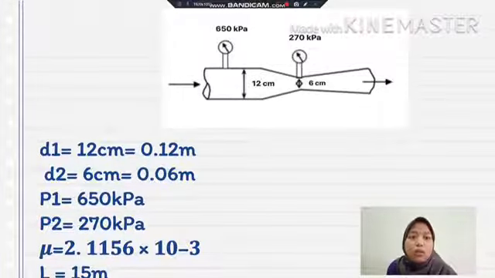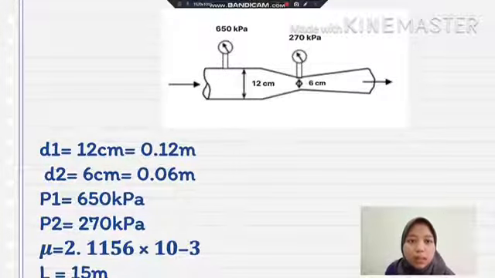First of all, we need to list down the values that we can find in the question. First of all, the diameter. The first diameter is 12 cm, which is 0.12 meter. The second diameter is 6 cm, which is 0.06 meter.